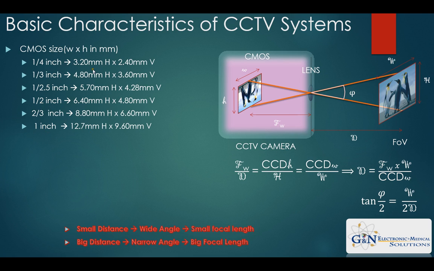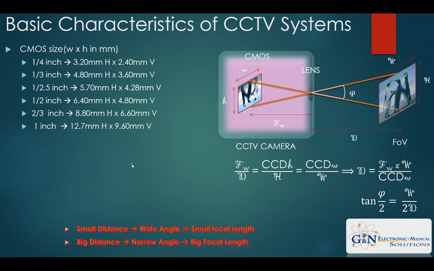We have different sizes of CMOS as width and height, of course. It's the size of our screen. Most commonly, we have 1/4 of an inch or 1/2.5, which is a common CMOS dimension for some of the robotics cameras.